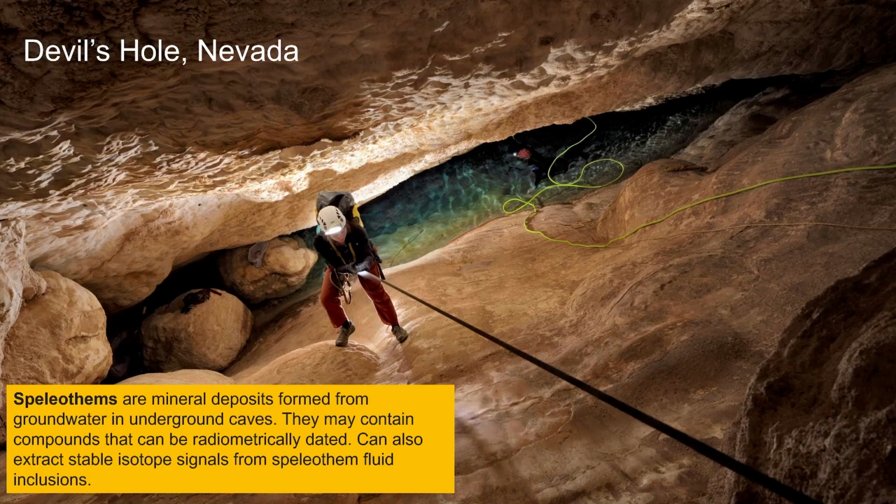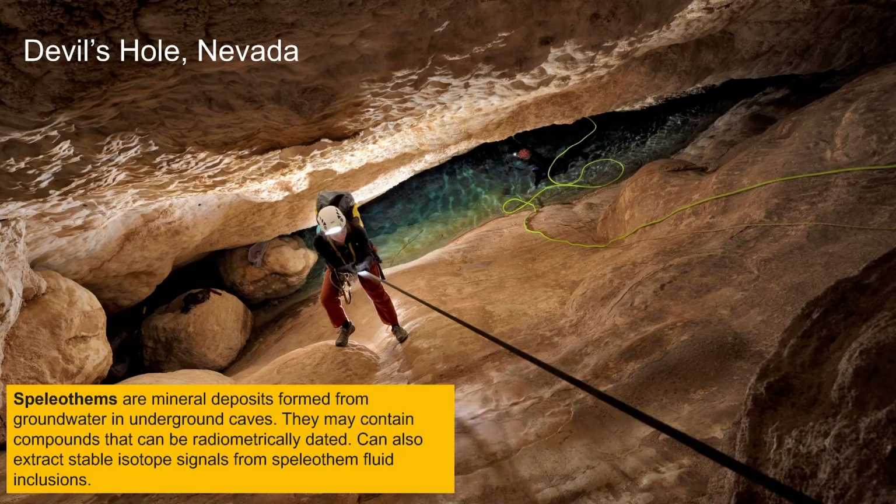What I'm going to show you here today is data taken from Devil's Hole, Nevada. So this is a cave that is underground, and they're looking at the mineral deposits in these caves. And these mineral deposits can be radio dated fairly well, so we get dates.